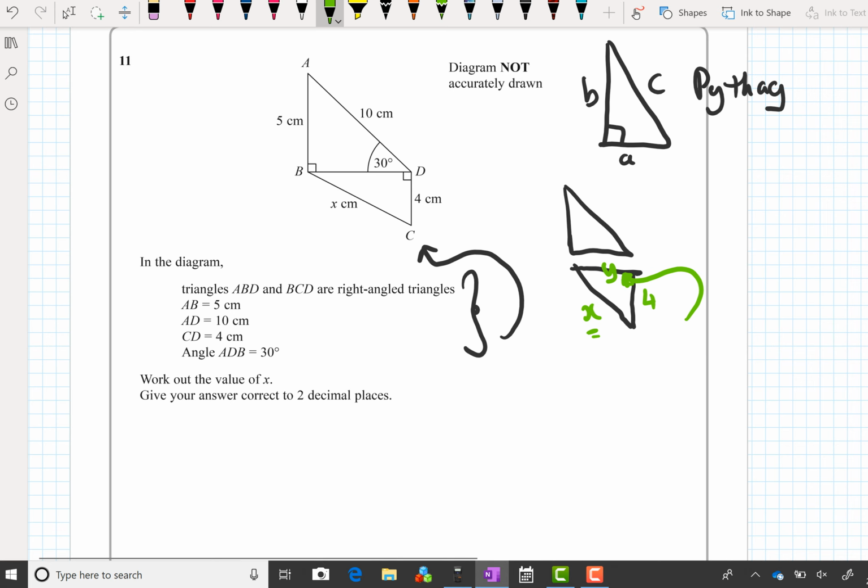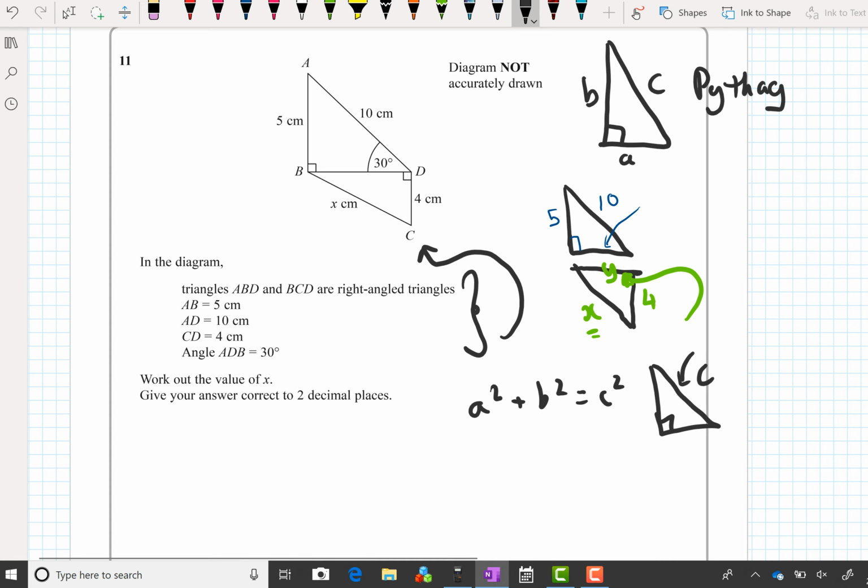And actually, for the top triangle, we have this side, and we could find that missing side. Now, for Pythagoras' theorem, if you recall, it's a squared plus b squared equals c squared, where c refers to the longest side, which is also the hypotenuse, the one which is not attached to the legs of the triangle.